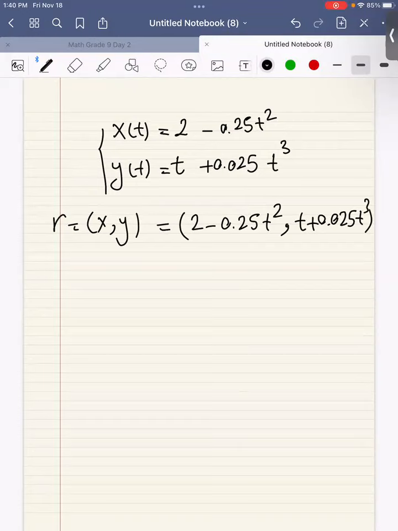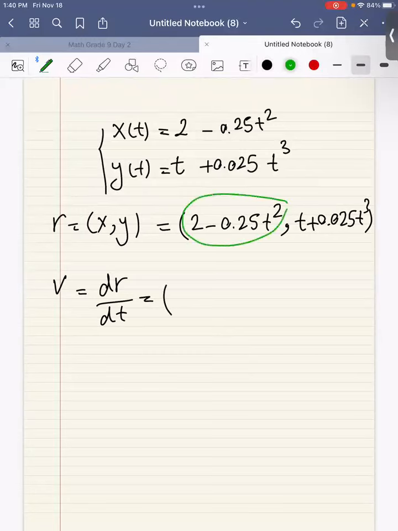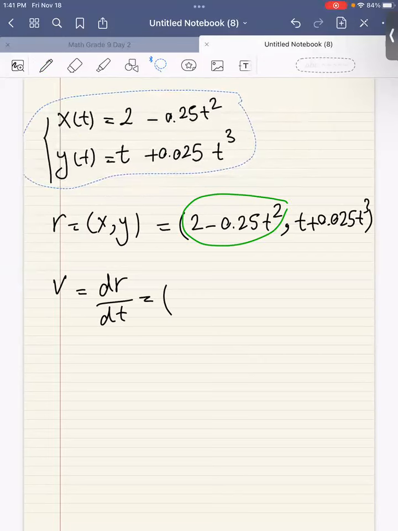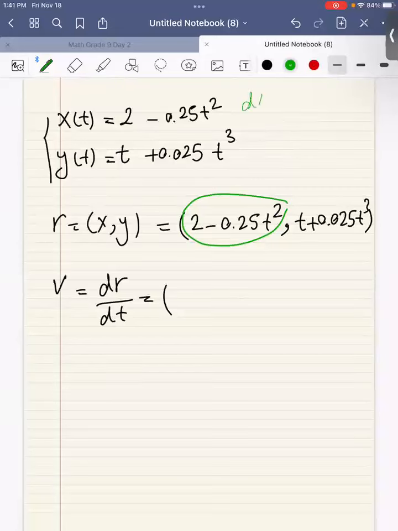Okay, so the instantaneous velocity v, I just denoted by v, is equal to the derivative of r with respect to t. So the derivative of x with respect to t, dx by dt, because the derivative of the function t squared is 2t.